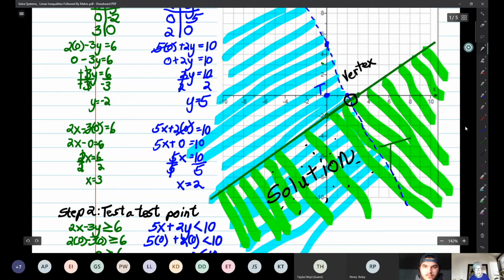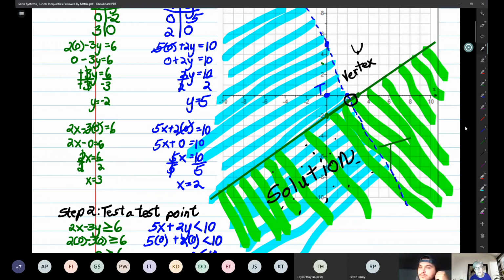If you remember intermediate algebra, you have seen the word vertex as it applies to quadratic graphs. The similarity in both of those cases means that it's a turnaround point. A vertex is always a turnaround point.